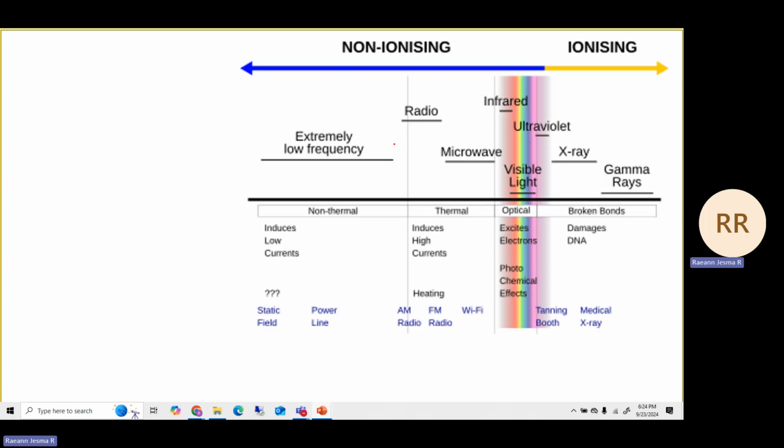Like so, in non-ionizing radiation we have radio waves, infrared, and microwaves.